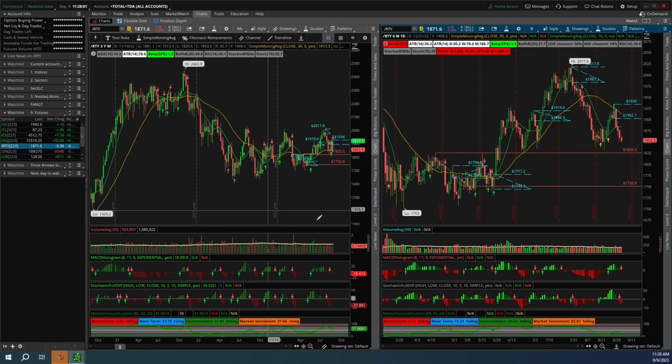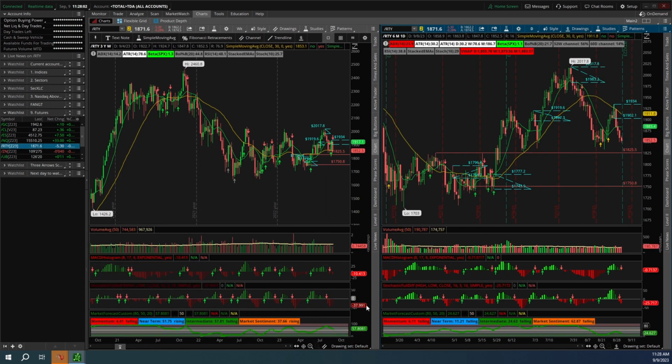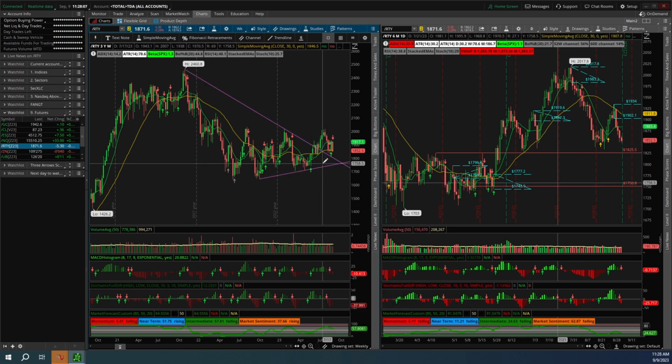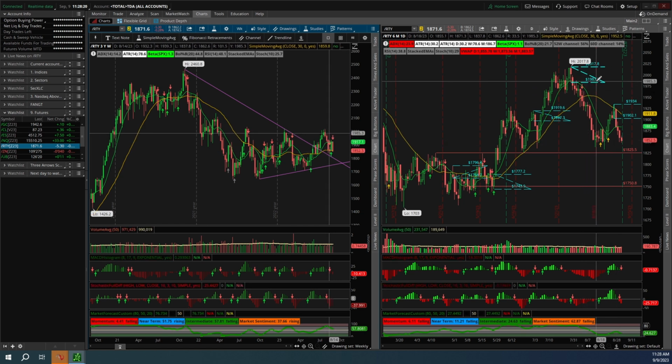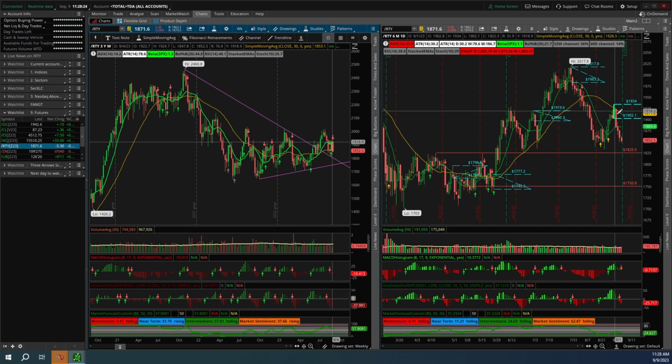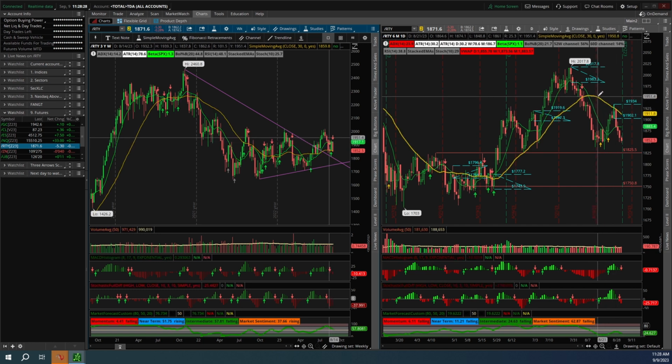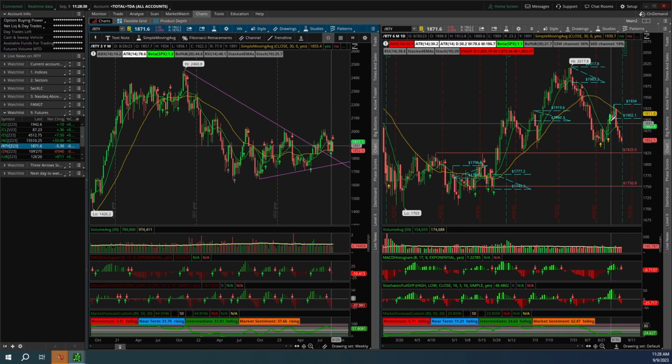So RTY or Russell, I don't follow this one that much. I'm going to put this one in the weeklies. We do have the first day of September. So it's really exploding to the downside, moving down nicely and bouncing off of the 30-day simple moving average, going down. So this one is still bearish.